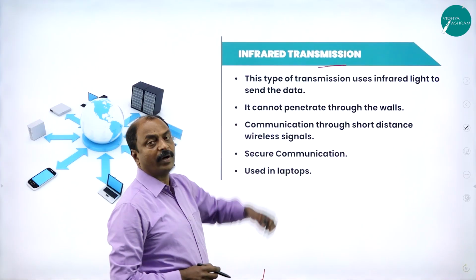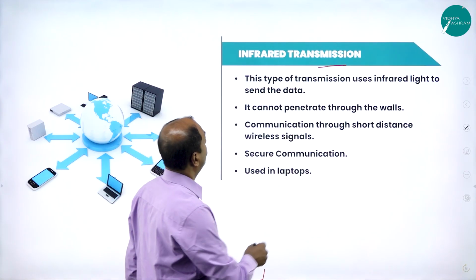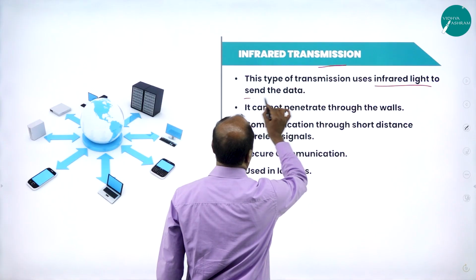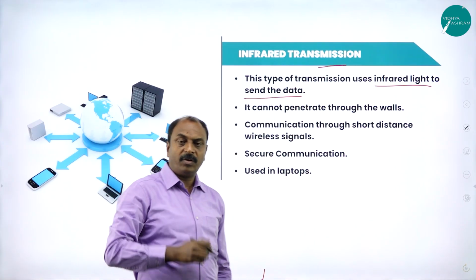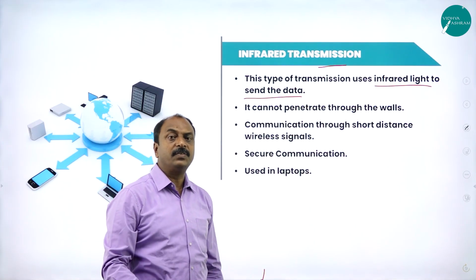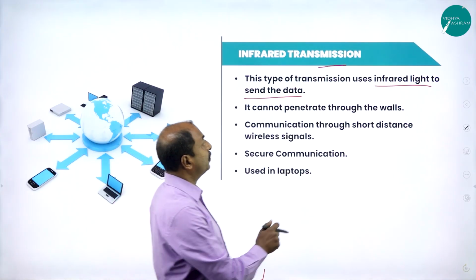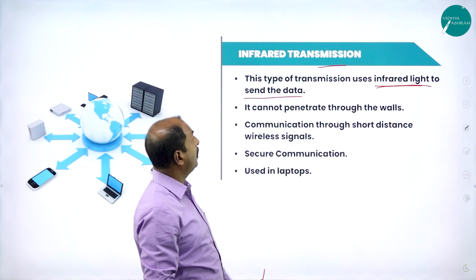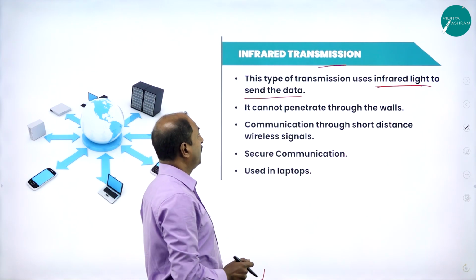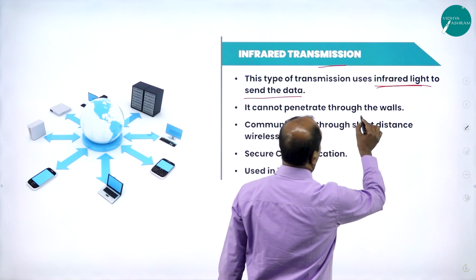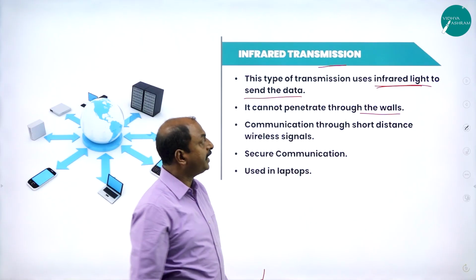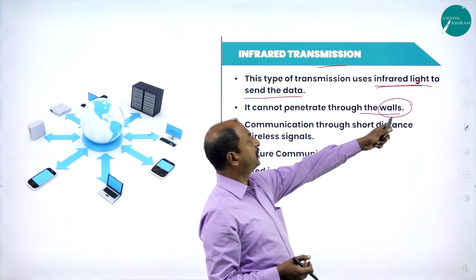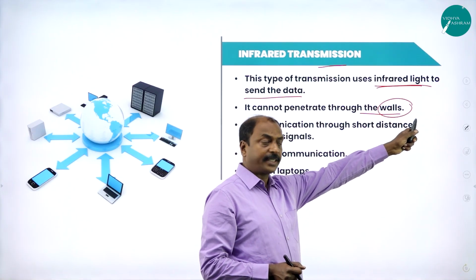Again, it is a wireless communication. This type of transmission uses infrared light to send the data. As we have seen, radio wave uses radio frequency for data transmission, but here it uses infrared light, with respect to some particular frequency. And it cannot penetrate through walls. So one of its properties is that it cannot pass through any disturbance or wall-like structure.